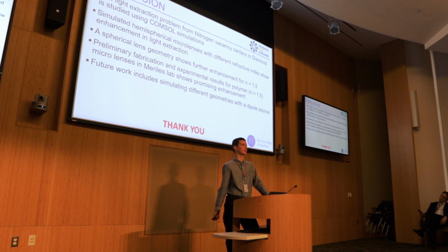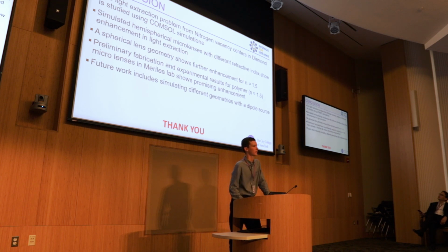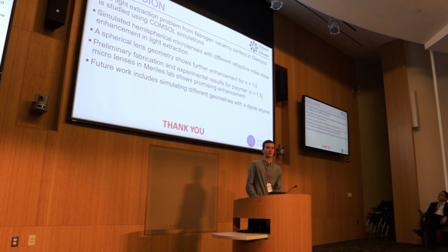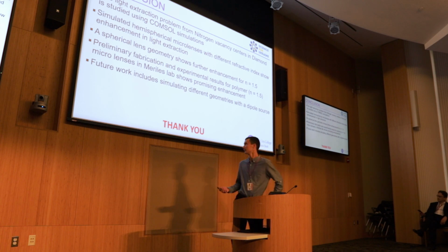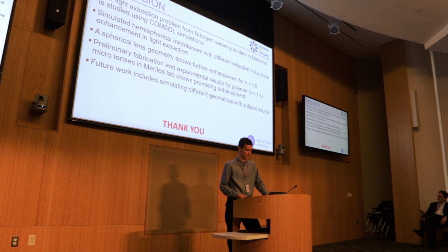Also, a spherical lens gets more light than a hemispherical. And the fabrication and experimental results with these lenses showed that we predicted the result right, and it is around 2 times more light with lens than without.